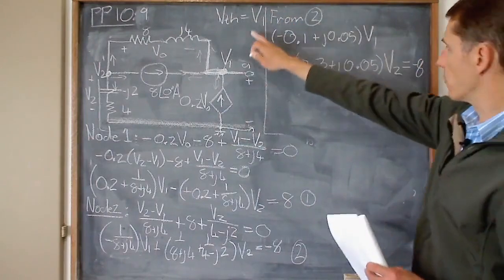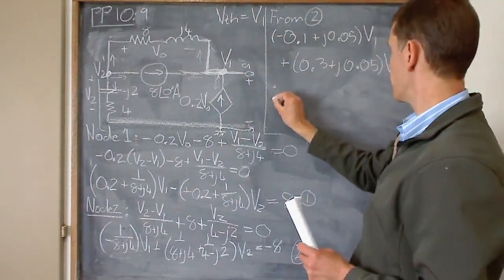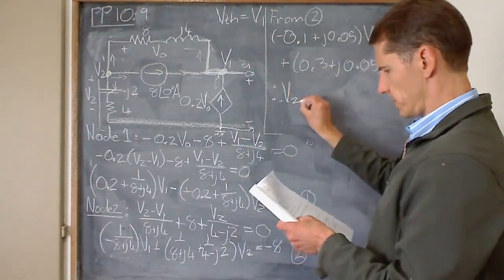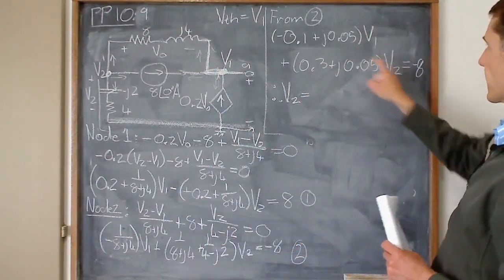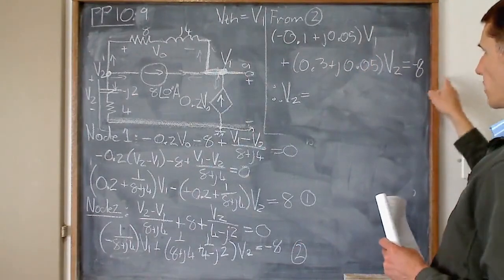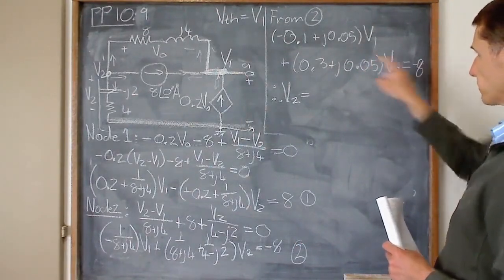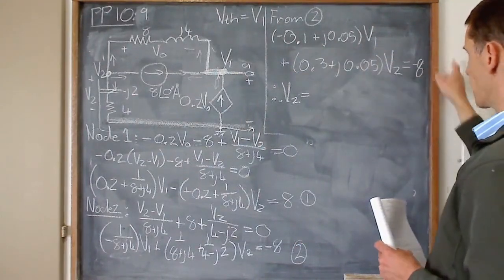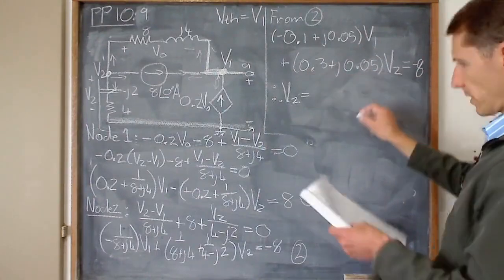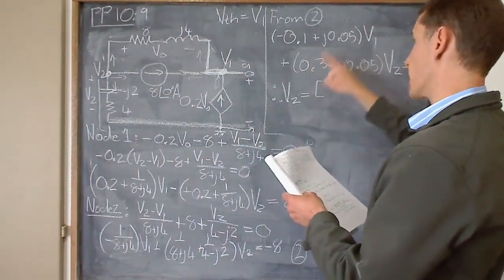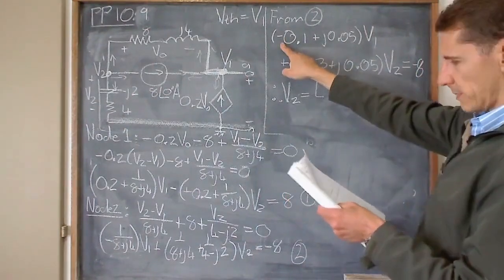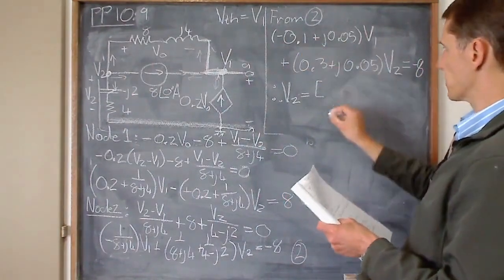Okay, and since I'm looking for V1, we can then write that V2 equals, and this is now a bit of a schlep. Now we need to take this term over to the other side. This whole term needs to go over, and then we divide it by this one. So this is going to look as follows. If it goes over, this minus will become a plus, and that plus will become a minus.